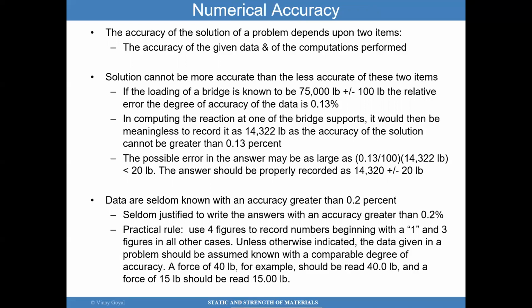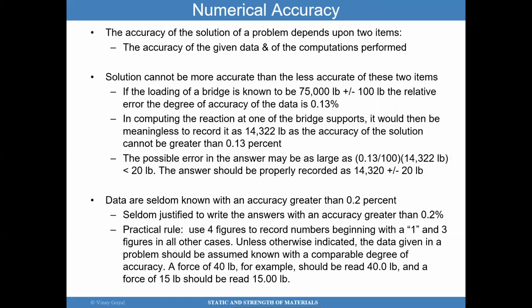For example, if the loading of a bridge is known to be 75,000 pounds plus or minus 100 pounds, give or take, the relative error due to this plus or minus 100 pounds is on the order of 0.13%. So if you were to calculate reaction forces on a bridge support, it would be very meaningless to report 14,322 pounds as the accuracy of the solution because the solution cannot be more accurate than 0.13%.